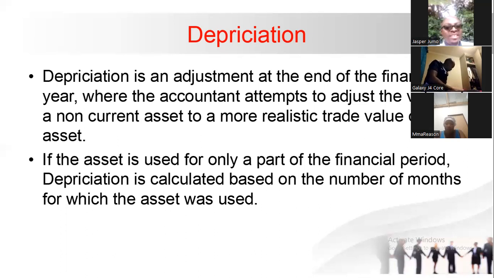We cannot depreciate the asset for a year while we know very well that we only kept the asset for 6 months. Or we find that it's not a new asset, it has worked for 5 years, but in the 6th year, we decided to sell it halfway through the year. Therefore, we must account for depreciation for that halfway and not the full year. We'll take note of that when we attempt an example.